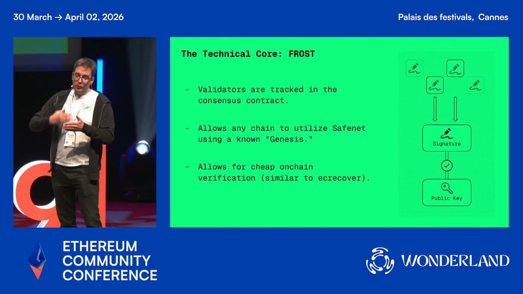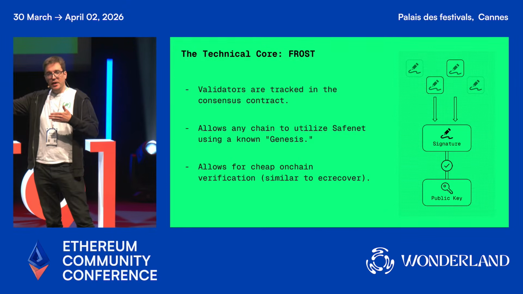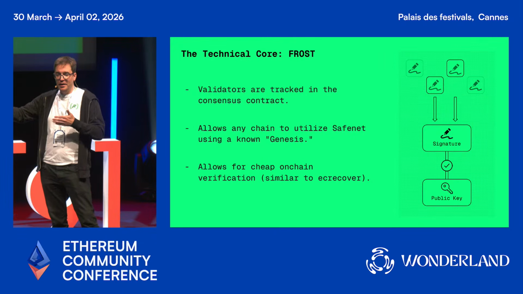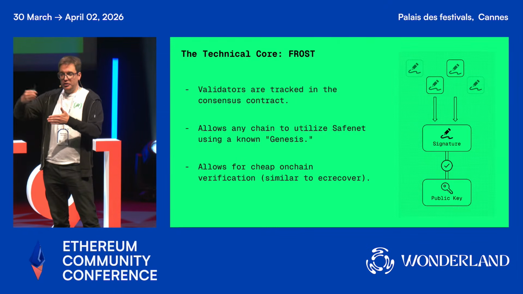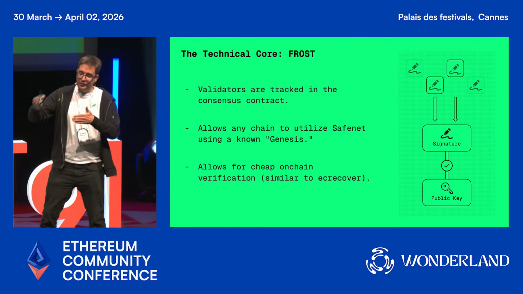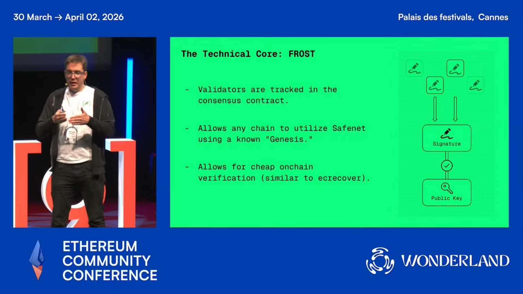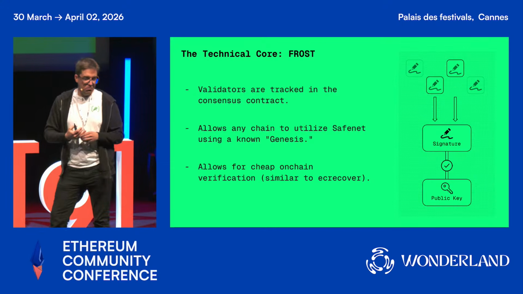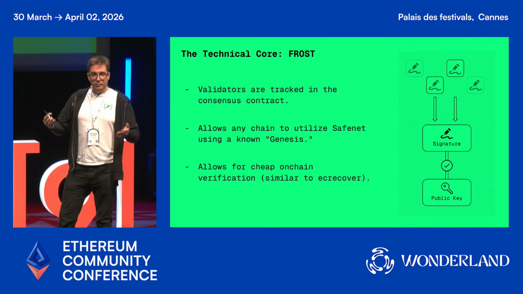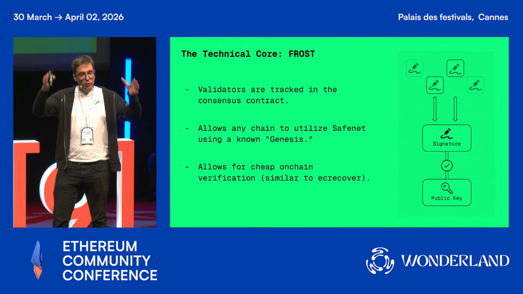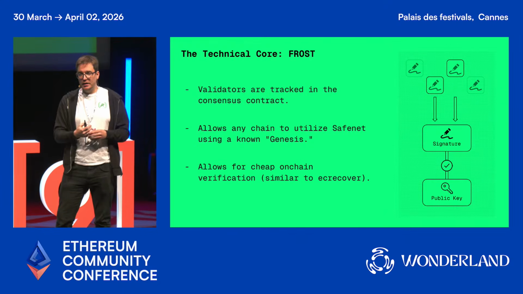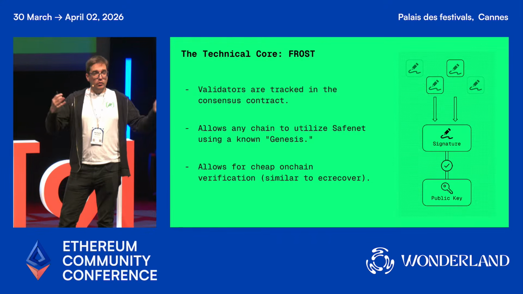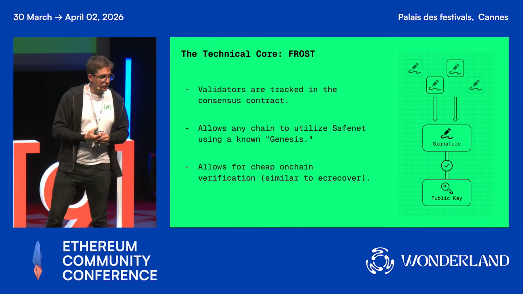Since we also want you to be able to rotate your validators over time, we use a very common approach utilized by many blockchains, where you have epochs in which validators change, and you create this validator set chain. Each current validator set hands off towards a new validator set. This makes it possible that if you go to some other chain, you only need to know the initial genesis validator set, and with this you can validate any signature across the other chains very permissionlessly.